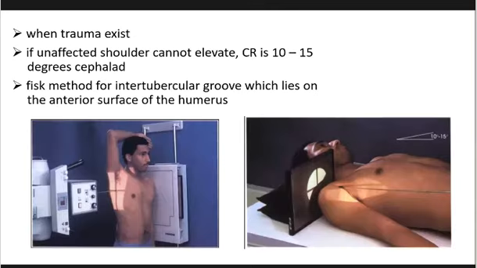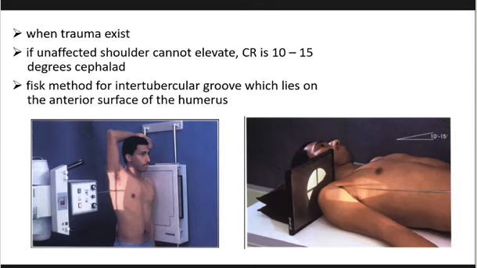So this is the example of the transthoracic lateral. Nasa left image natin, sa monitor nyo, that is the transthoracic lateral, wherein the affected side is close in contact to the vertical cassette holder, and the affected arm should be depressed, and the unaffected arm should be placed on top of the head.